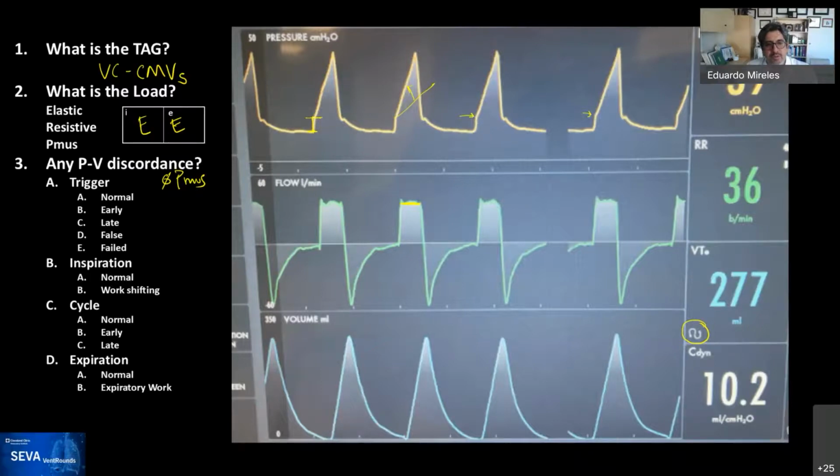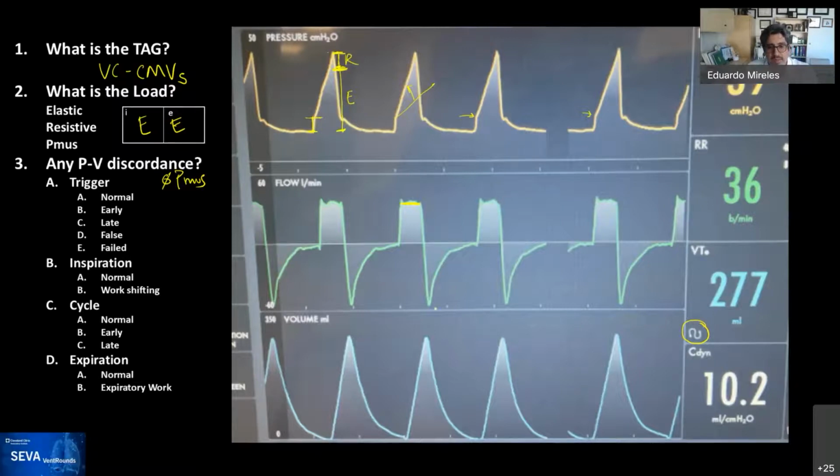Compare that same amount over here, and then from here all the way down to here is the elastic component. So it's a fair amount of elastic component versus the resistive component just by looking at the waveform.